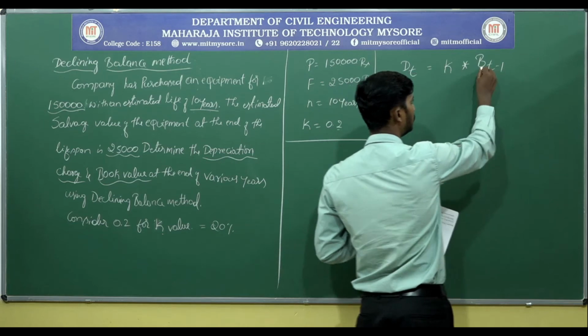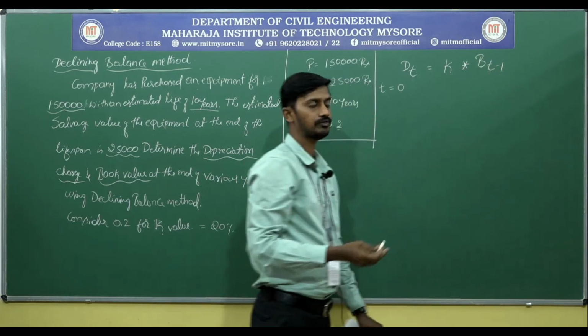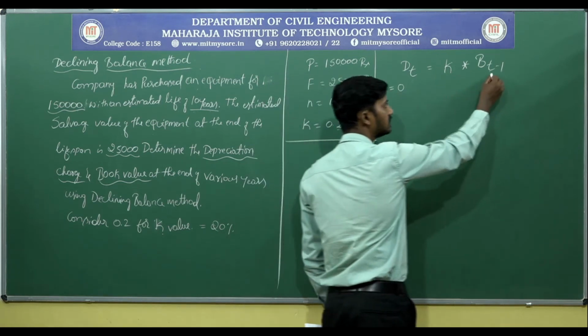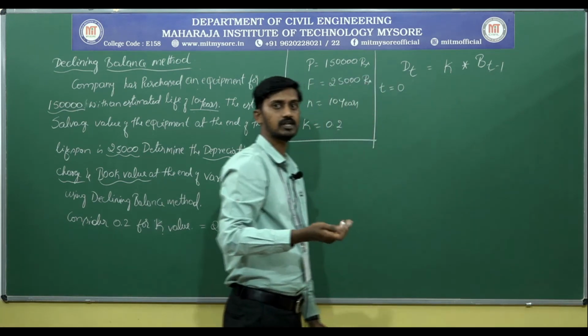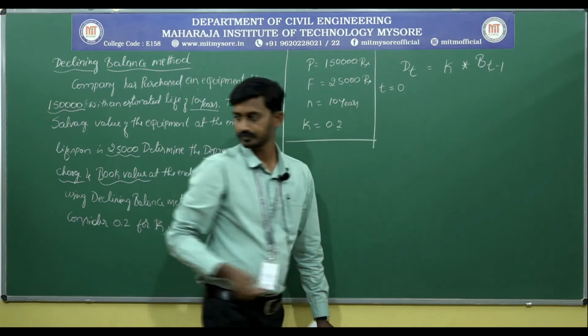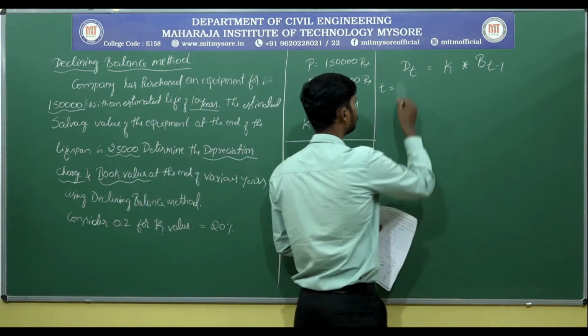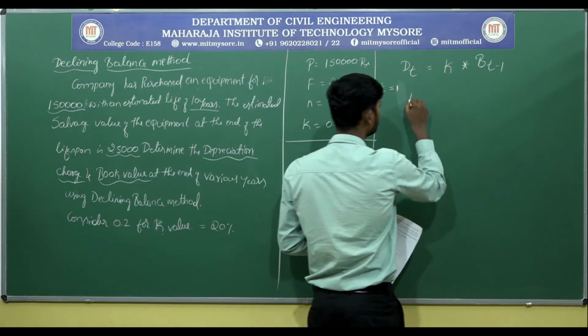B is the book value, T minus 1. T stands for number of year. If you consider 0, again 0 minus 1, it will not be available because it starts from the first year, right? So we should go for T equals to 1.